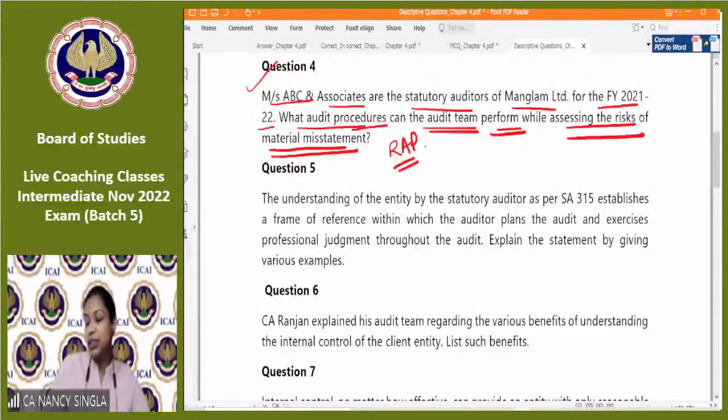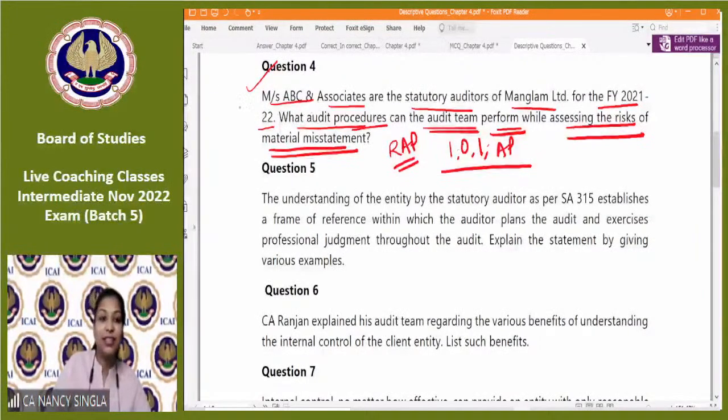Shri Nagalakshmi is correct: inquiry, observation, inspection, and analytical procedures. You all have started giving some different answers. It is a very simple question asking for risk assessment procedures.